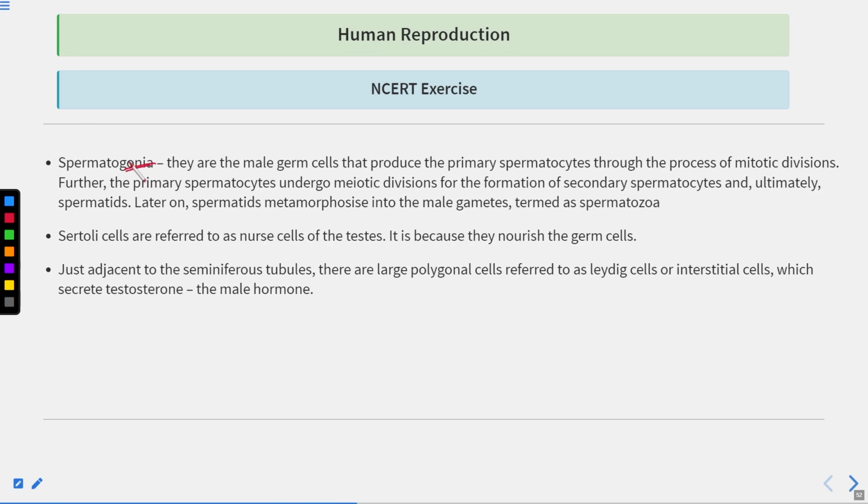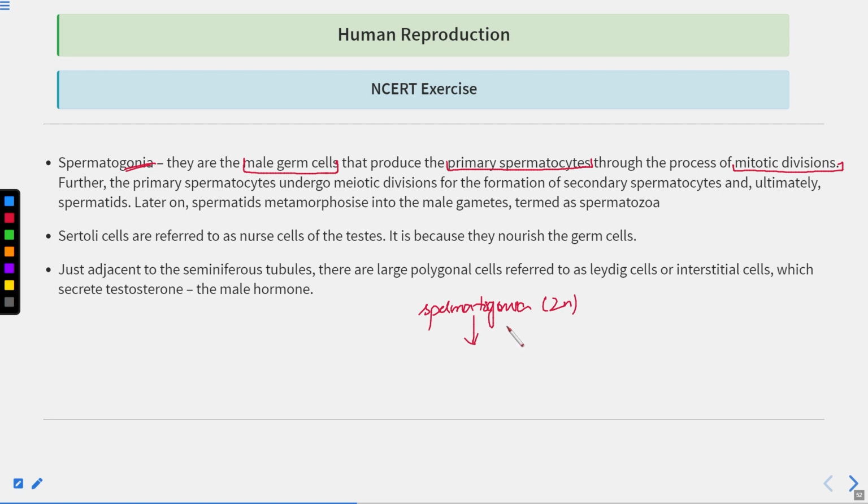Now let's talk about spermatogonia. These are known as the male germ cells that produce the primary spermatocytes through the process of mitotic divisions. So what happens initially? The spermatogonia, which are also known as the male germ cells, are diploid.